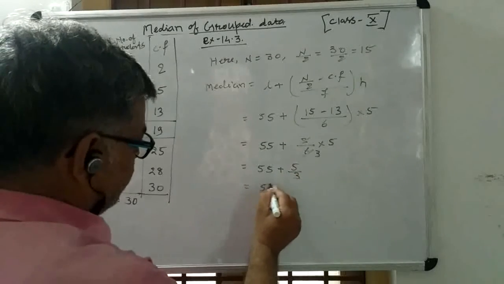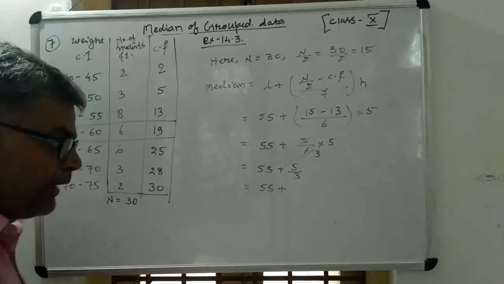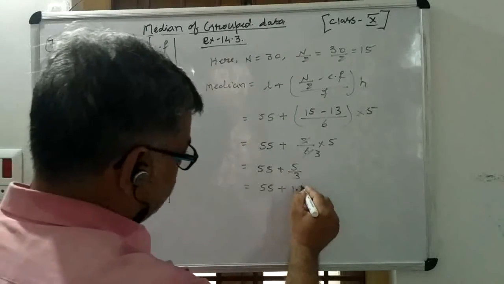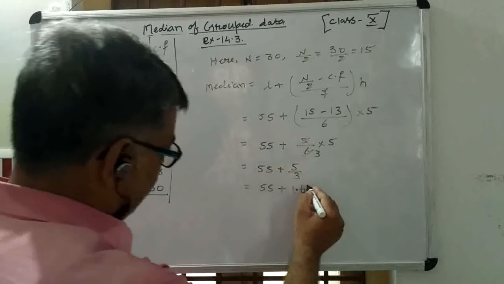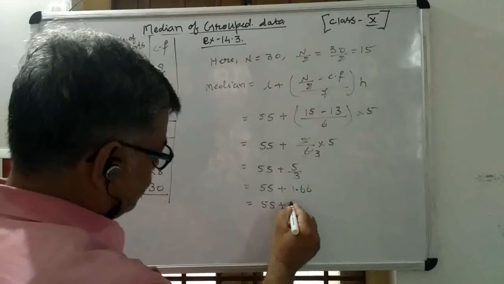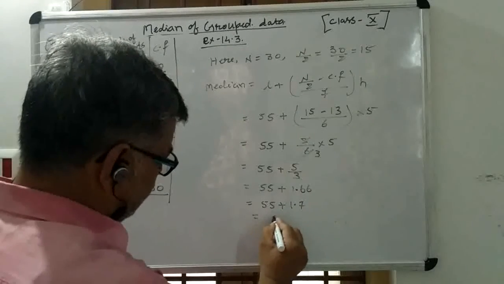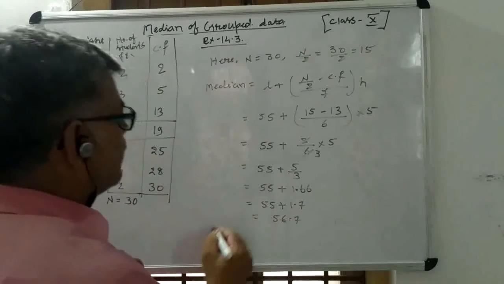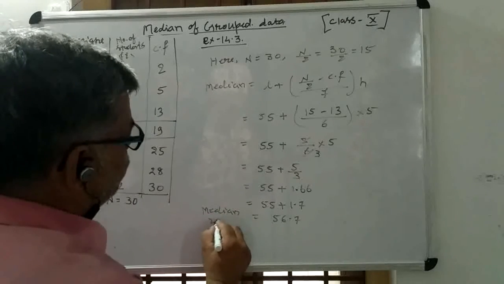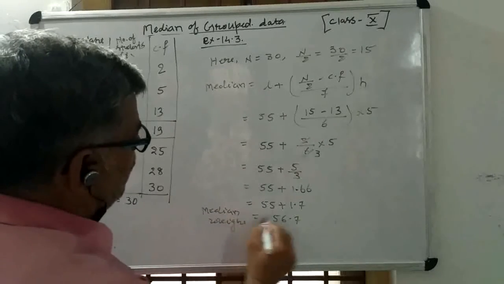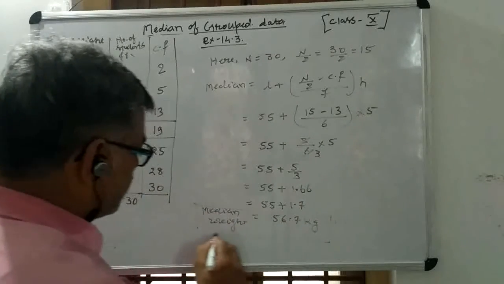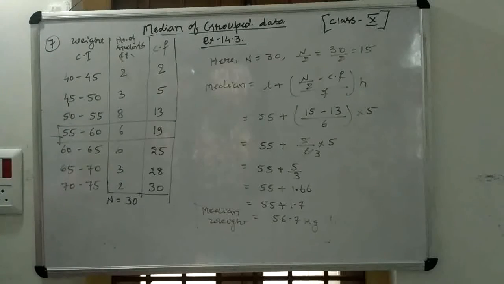When you divide 5 by 3, you will get 1.66, again 6. So you can have 55 plus 1.7, that is 56.7 as the median weight of the student, which is in kg. So this is your required answer for this question also.